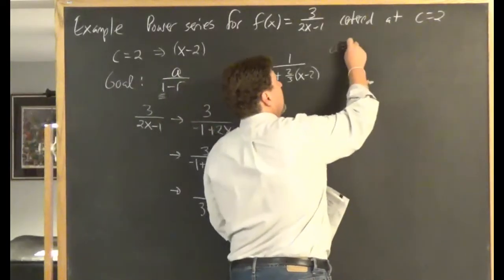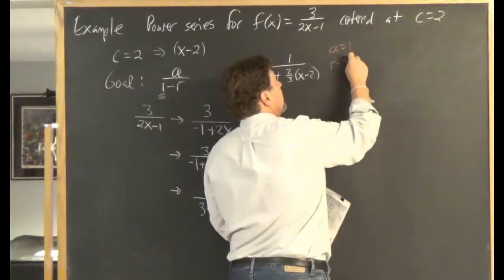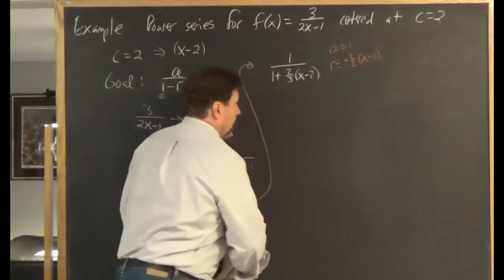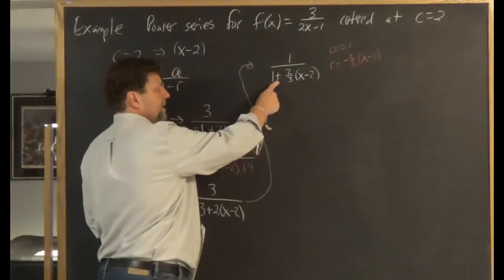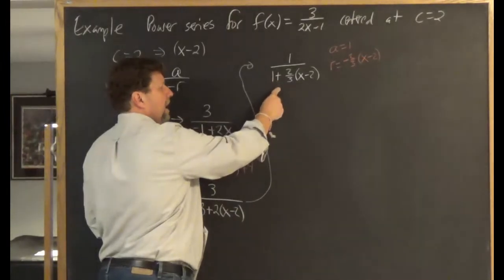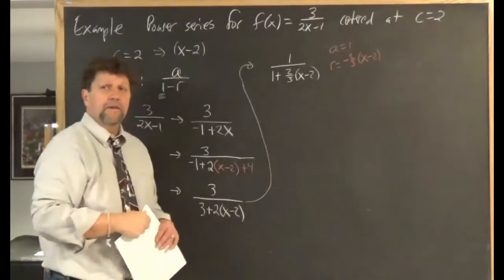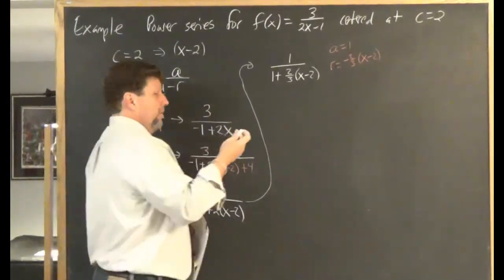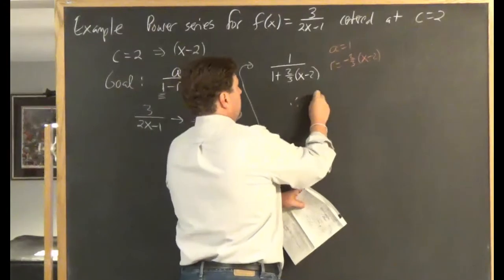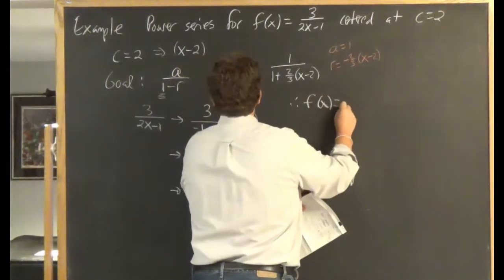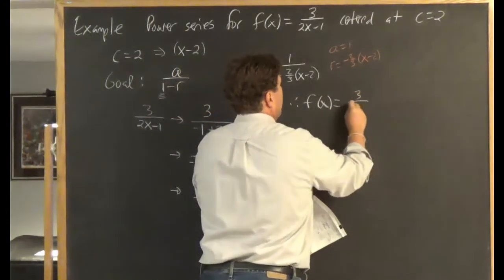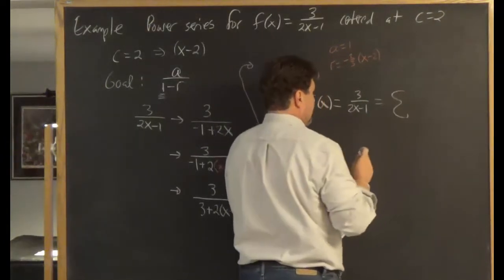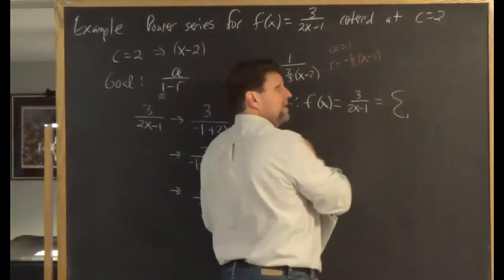A is 1. R is negative 2/3 times x minus 2. I mean, I can write this as 1 minus negative 2/3 times x minus 2. Minus a negative is addition. So I think where we're at is that our function 3 over 2x minus 1 as a power series is the sum of a r to the n.